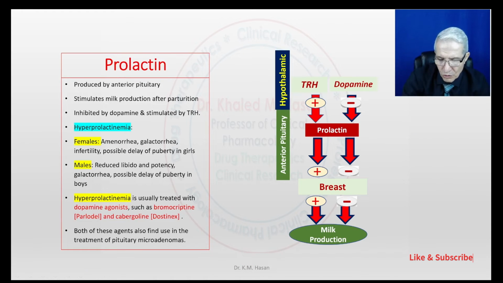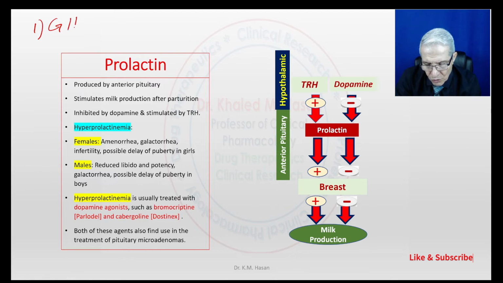Okay, next hormone. The first one was growth hormone. Then we discussed growth hormone and SST, somatostatin. The second one we discussed was gonadotropin-releasing hormone.